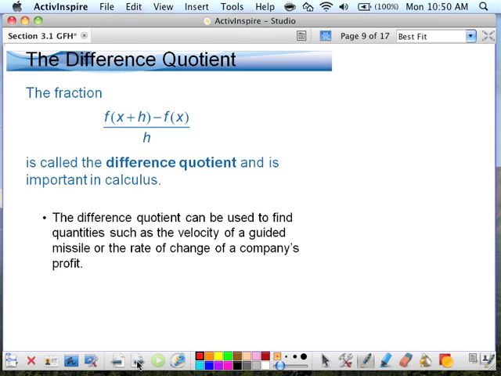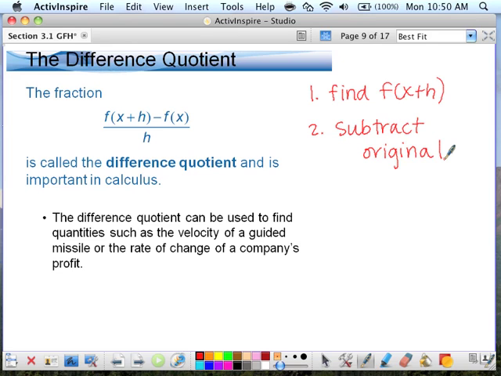It is f of x plus h. That's one substitution. You go and you find f of x plus h, and you clean it all up. The second step is you subtract f of x. What is f of x? It's whatever your y is, whatever y equals to start with, which we basically say is your original function.